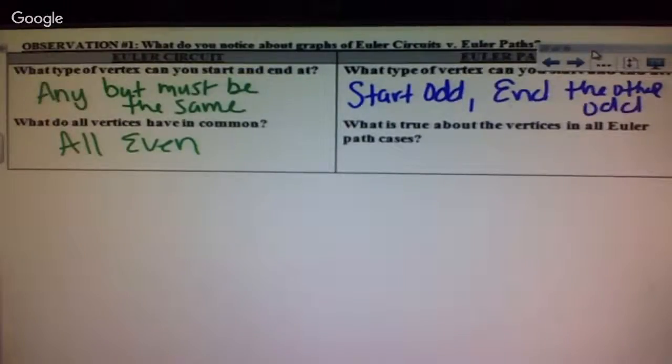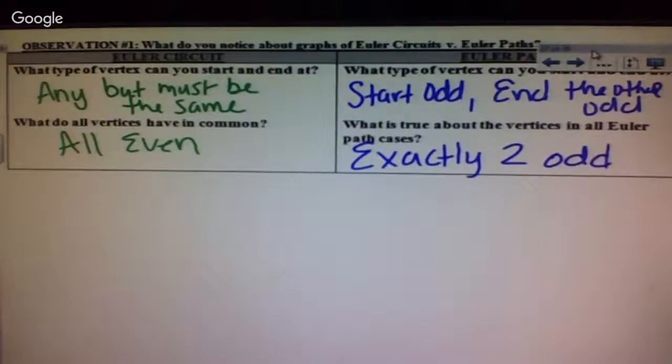So when you're trying to draw yourself a path, you need to find your 2 odd vertices. You will start at one of them and you will end at the other. What is true about the vertices in all Euler path cases? Exactly 2 odd. Anything else and it's nothing.